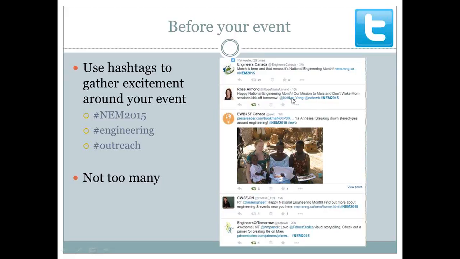So that is a guarantee that both Caitlin and Engineers of Tomorrow will see her post, as well as hashtag NEM 2015. So that's a good way to do it. You can have a link which will bring a photo along with it, and you can also add a link that may not bring a photo along with it. There are lots of different ways to do it.